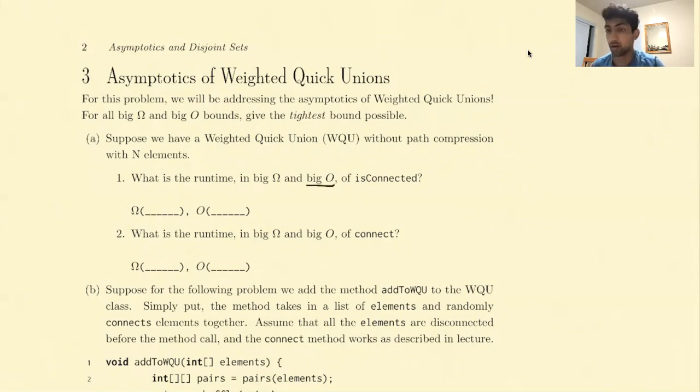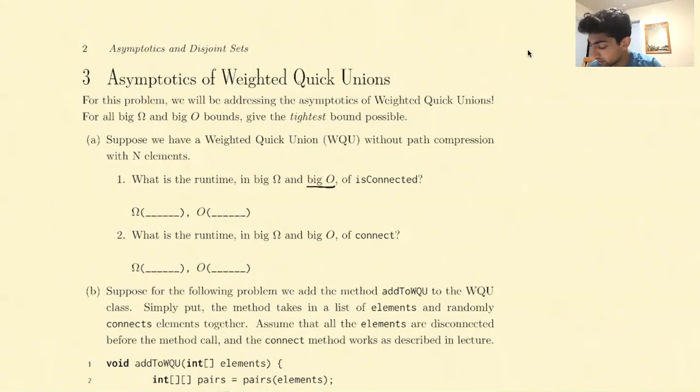Before we get there, let's recall what is connected is doing. In pseudocode, the Boolean method is connected, apologies, I forgot the parameters.